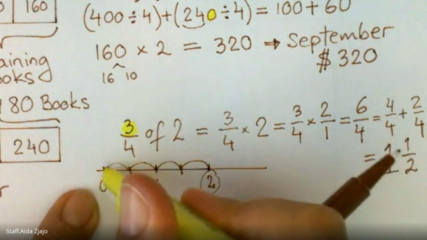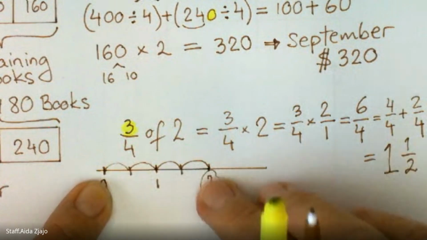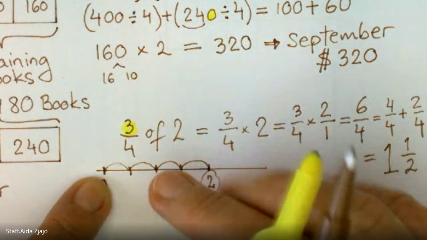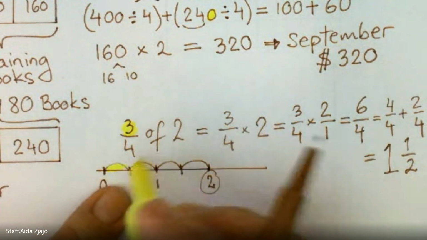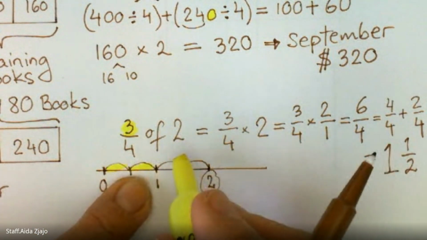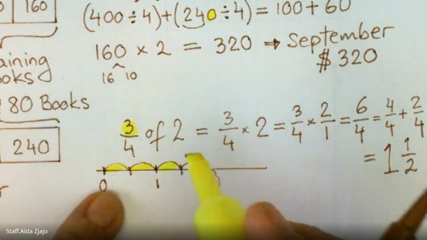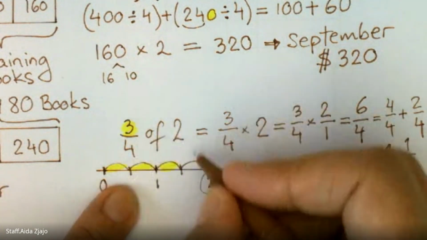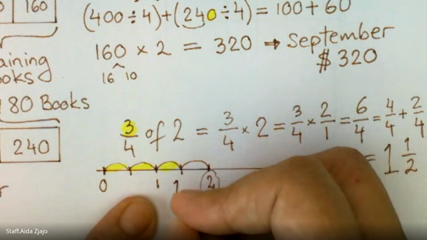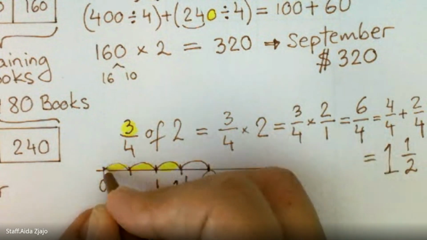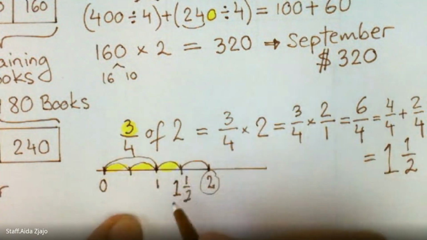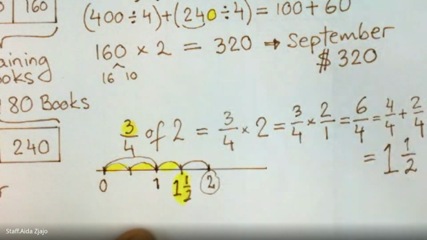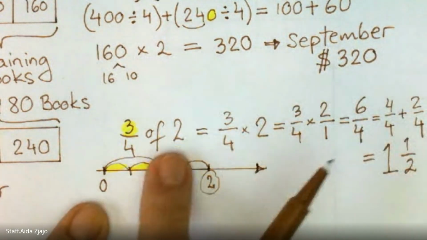So we can see, from 0 to 2 makes a whole of $2. Now this is 1/4 of $2, 2/4 of $2, 3/4 of $2. So right now you can see that 3/4 of $2 is $1.50. That is another way you can figure out how much is 3/4 of 2.